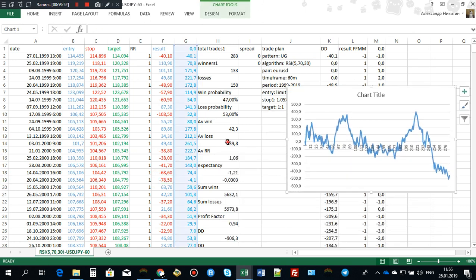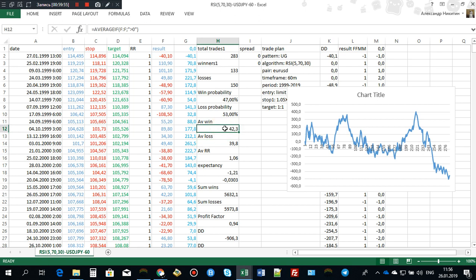Let us see, the average loss is 39 and the average win is 42. This also supports my idea. We were always having 1-to-1 risk to reward ratio, yes, but accidentally when we had a smaller loss, it means that we had a smaller pattern, and an average loss means that on average losses are smaller than winners.